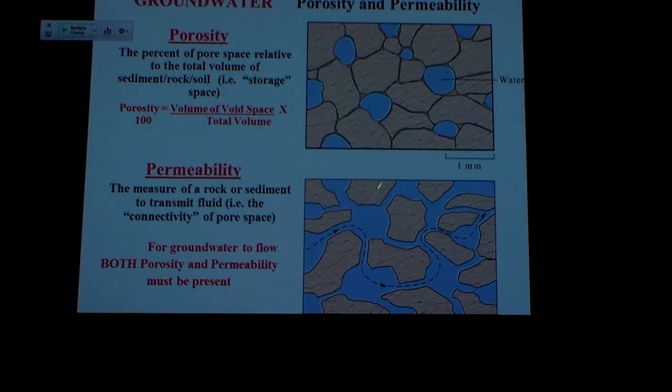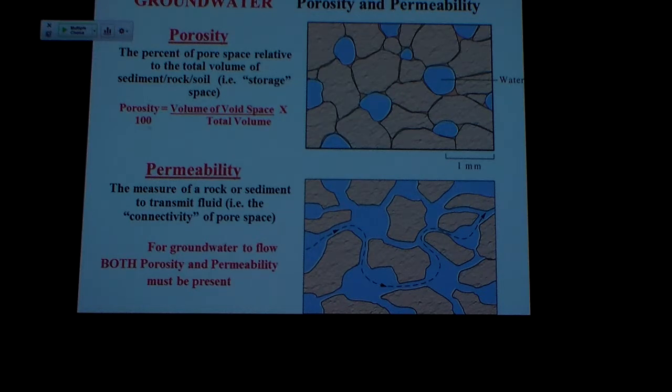But if the void space isn't connected, if there's no way to move fluid from one pore to another pore, how are you going to get the water in? And if it did slowly seep in there, how are you going to get it back out in any kind of usable fashion? So that brings up the second term, the other thing that makes rock a good aquifer, and that is permeability.